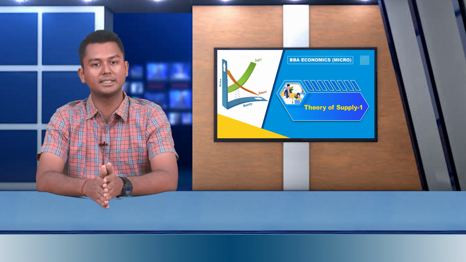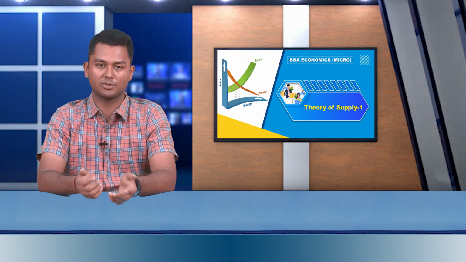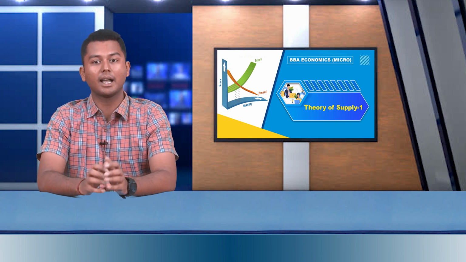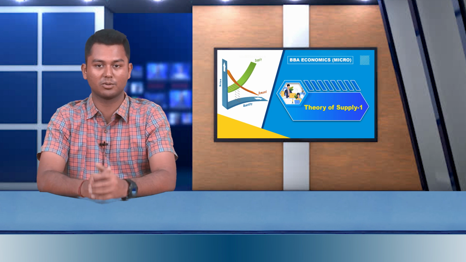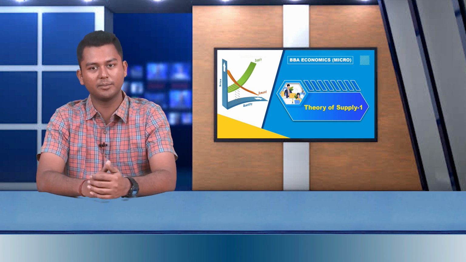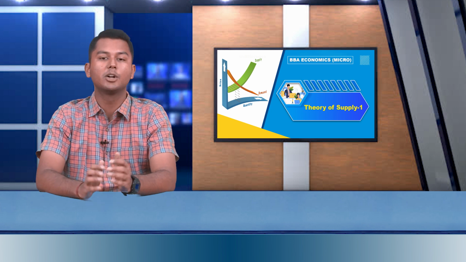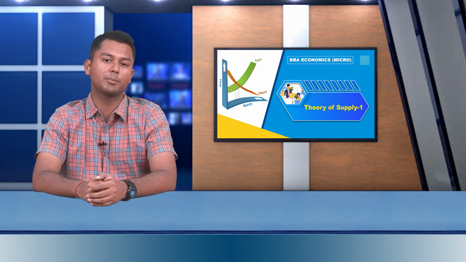Understanding supply is essential for predicting market behavior, making business decisions, and so on. Further analyzing how supply intersects with demand to determine market equilibrium is also crucial. This knowledge equips businesses and policymakers to respond effectively to changing economic conditions and develop strategies for sustainable production and growth.